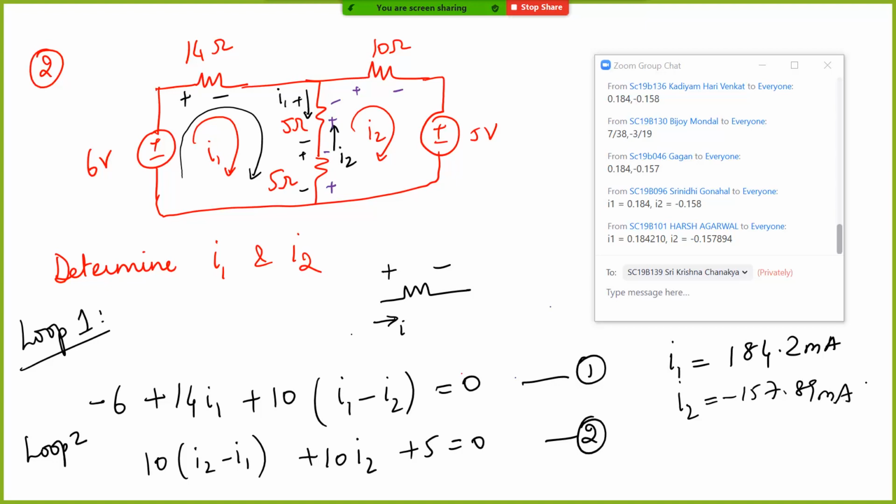Okay, is it clear? Anyone has any doubts about mesh analysis and so on? No doubts? Okay, that's good. Which means that I think we can move to the next problem.